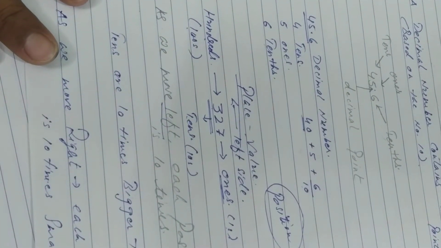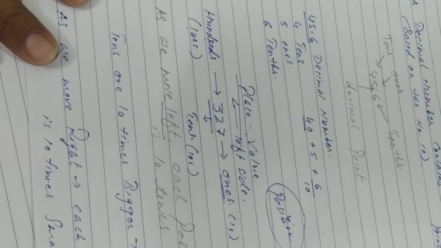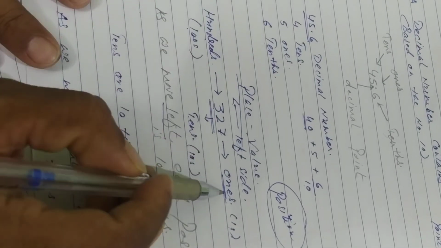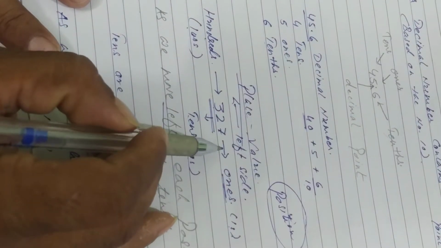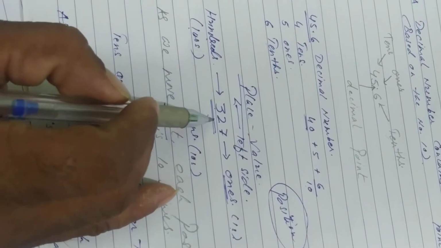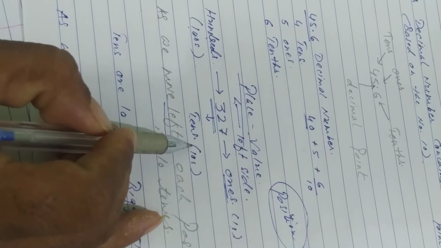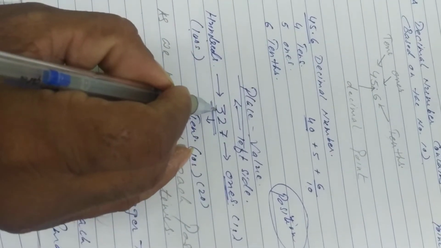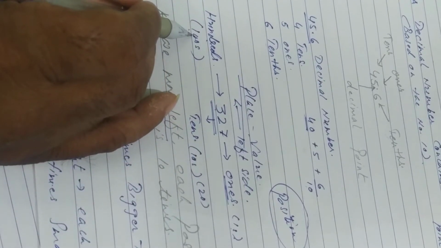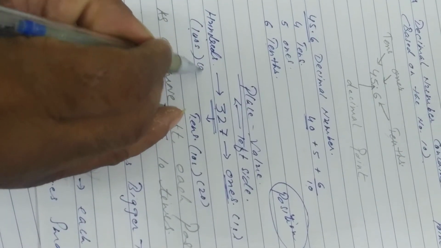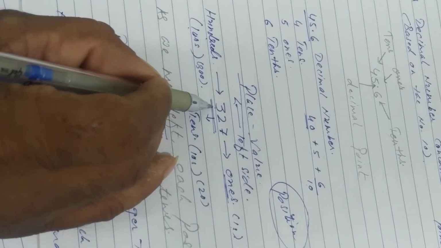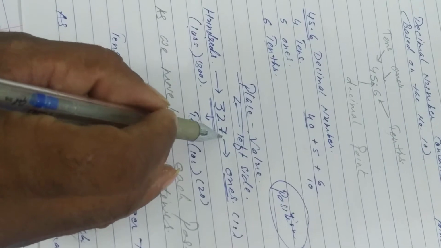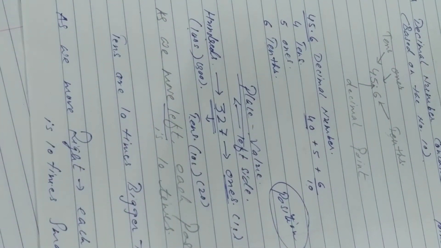So the position of 7 is ones, the position of 2 is in the tens position, so we can say 20, right? And the position of the 3 is at hundreds, so we can say 300, right? So we can read the number 327, about which we already learned last year, right?